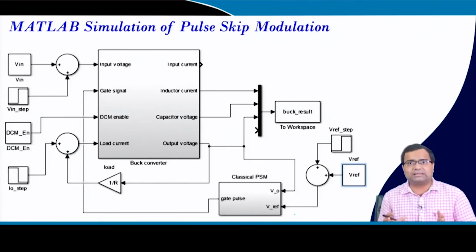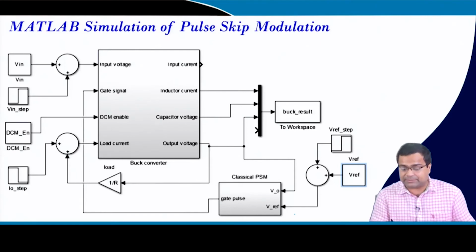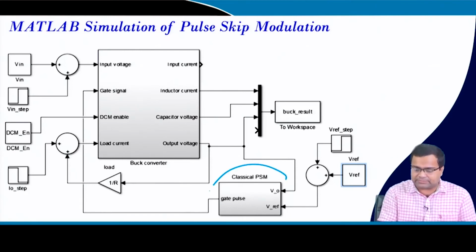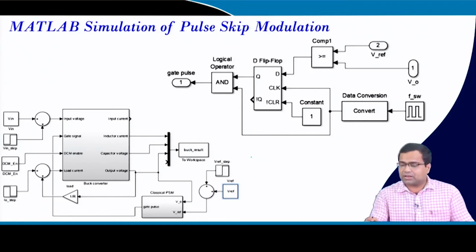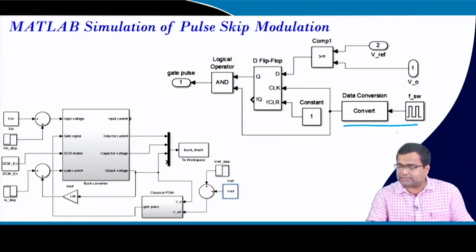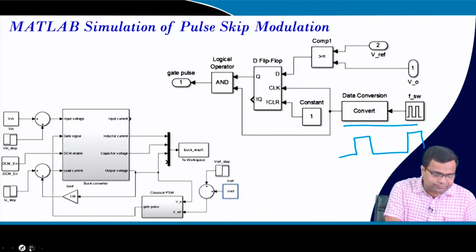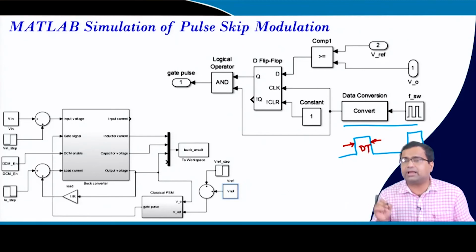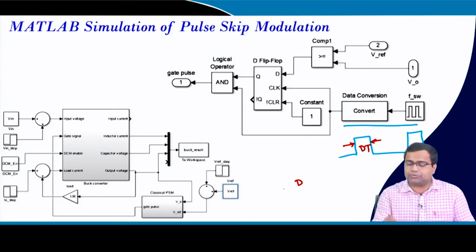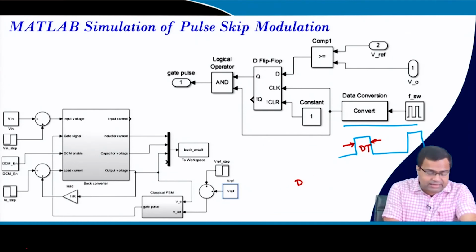We can also do pulse skipping. I told you how to realize pulse skipping. Everything is the same, only this block we are changing multiple times. Here in pulse skipping, the pulse has a fixed duty ratio, so we are setting some duty ratio D into T. It is your choice how you set D, but remember that during this on time your inductor current will rise.